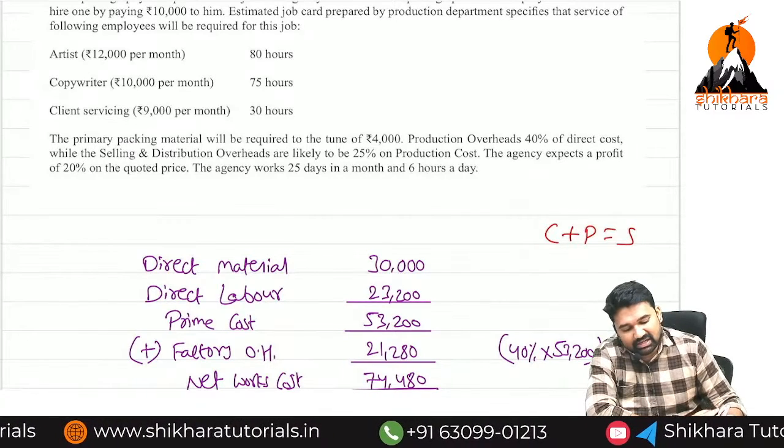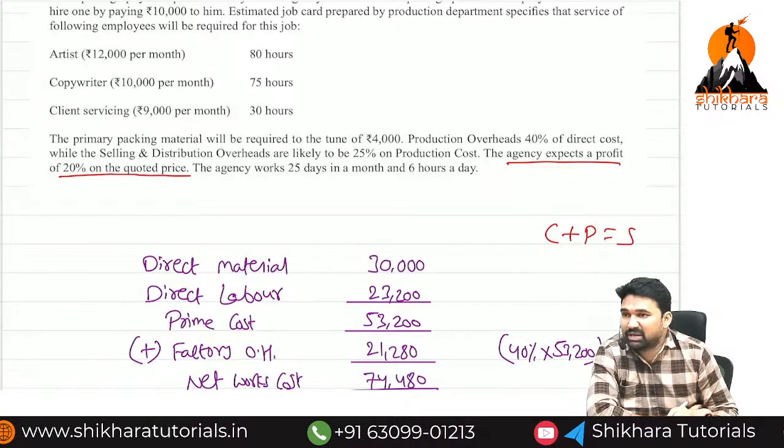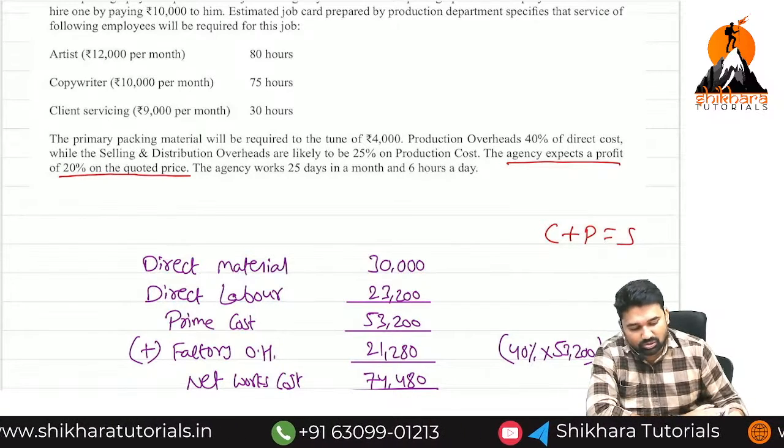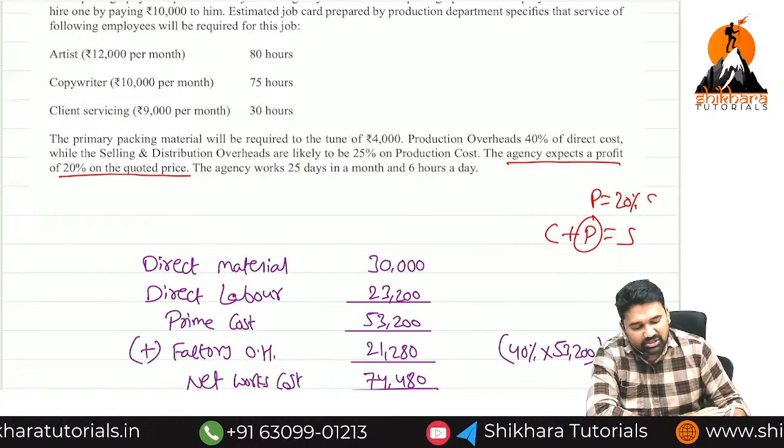It is said that the agency is expecting profit equal to 20% on selling price. So profit is equal to 20% of sales.